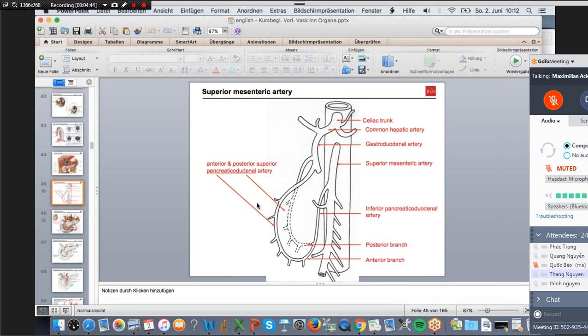One of the first branches of the superior mesenteric artery is the inferior pancreatic duodenal artery, which goes directly to the pancreas head, and the other arteries arising from the superior mesenteric artery are responsible for the supply of the small bowel, but also for the right colon.